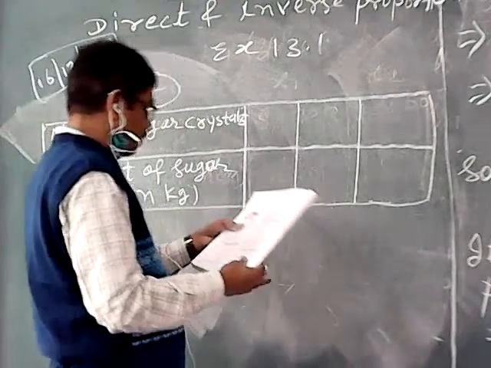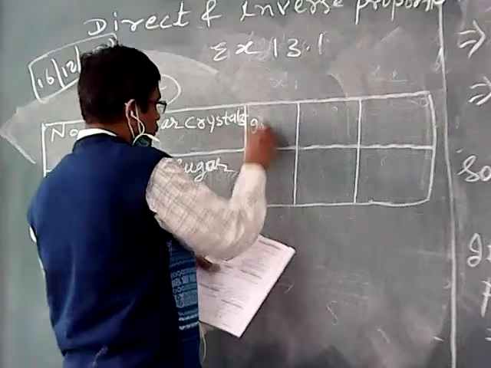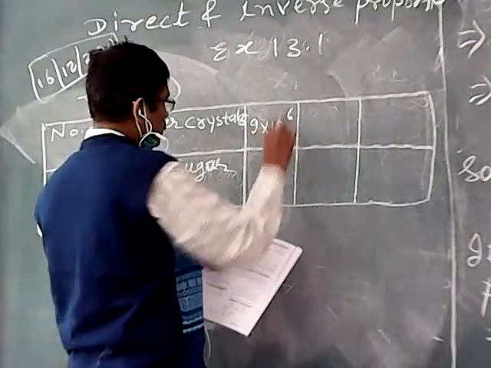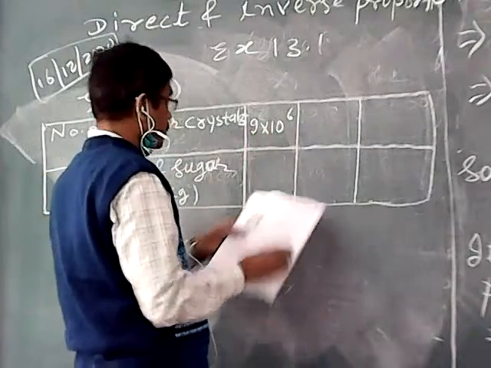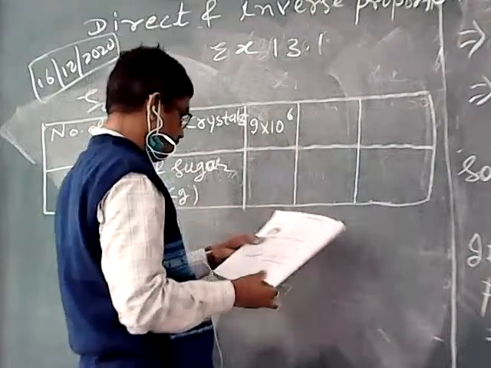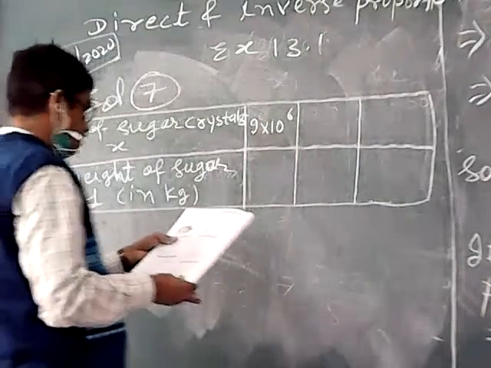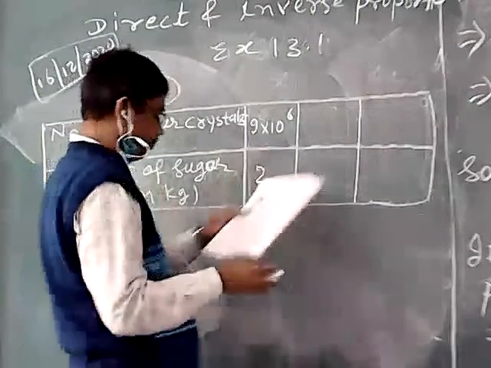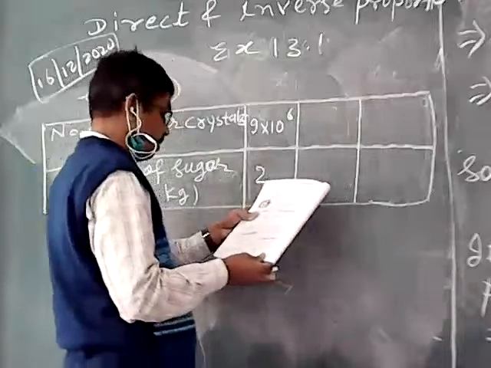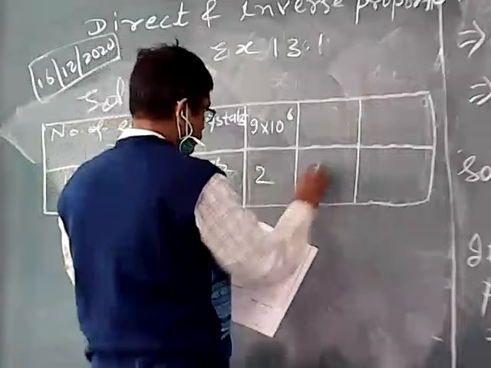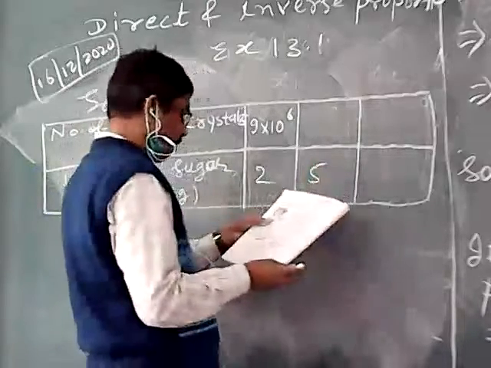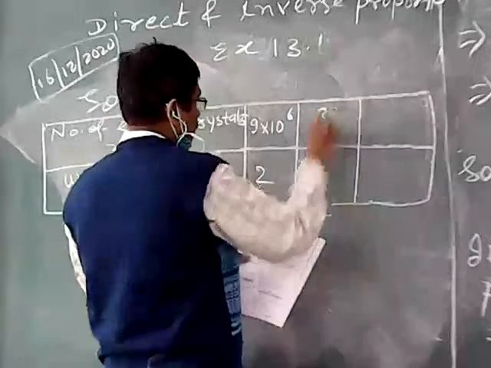One kilogram... number of crystals is 9 into 10 to the power 6, weight is 2 kilograms. Where it is 5 kilograms, it is blank.